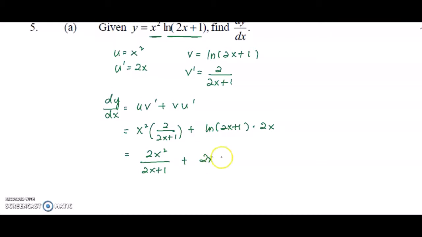I put it at the front of the log, 2x multiplied by log 2x plus 1. Then if you want, you can actually factor out the 2x. You have your x over x plus 1, 2x plus 1 plus log. Alright, this is my answer.